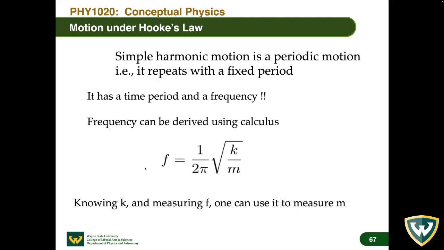And what one finds is that the frequency of this motion is 1/2π times the square root of k, the constant associated with the spring, the so-called spring constant, divided by the mass of the ball. This neglects, evidently, the mass of the spring itself. If you want to account for the mass of the spring, it becomes a little more complicated. But this is good enough in general.